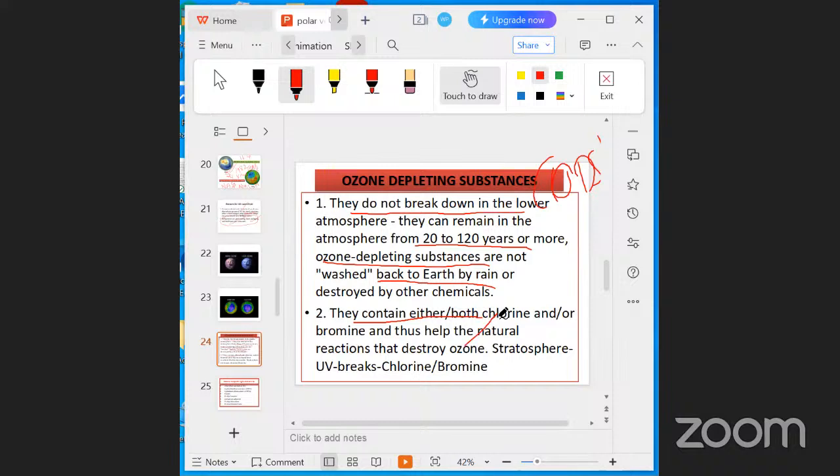Once they reach the stratosphere, ultraviolet radiation breaks up these molecules into chlorine, for example from chlorofluorocarbons, methyl chloroform, or carbon tetrachloride, or bromine, which in turn break down ozone.